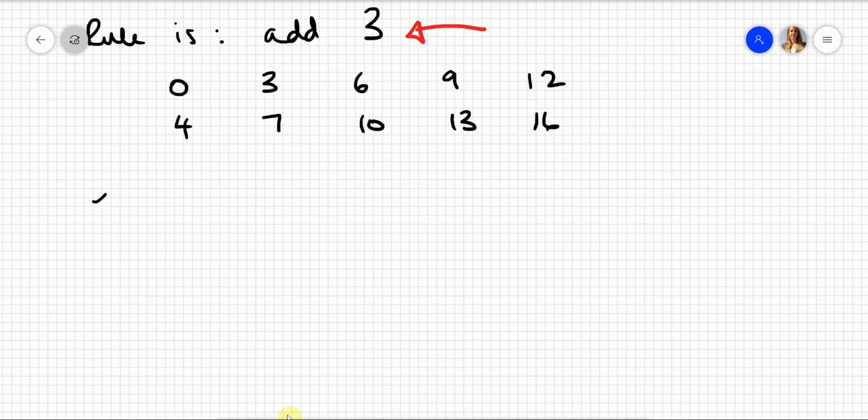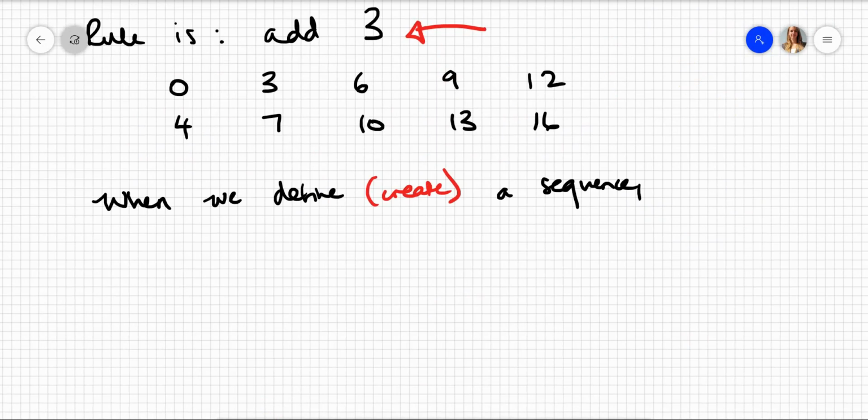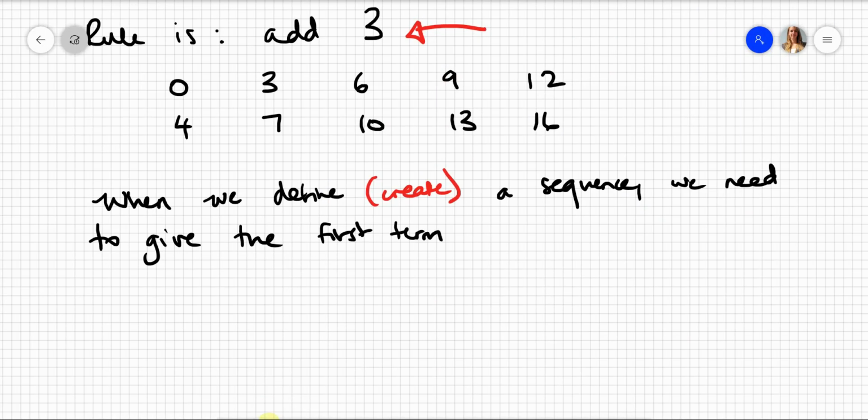So, important bit of information that you should write down. When we define, which means we create, a sequence, we need to give the first term, which is also our starting number, and the rule.